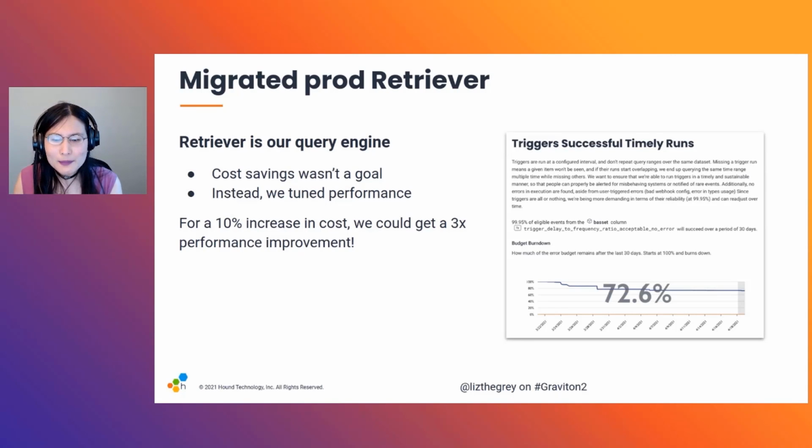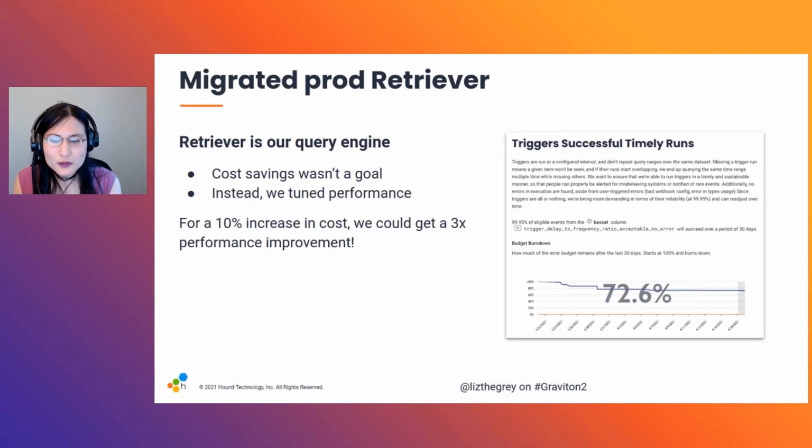So as a result, what was happening was the Retriever instances were previously really, really pegged on CPU. And we compared i3 instances, i3x large instances, to, I think, M6GD instances.